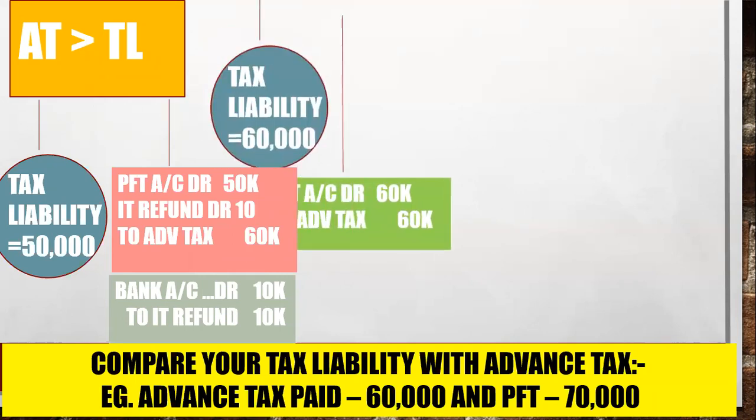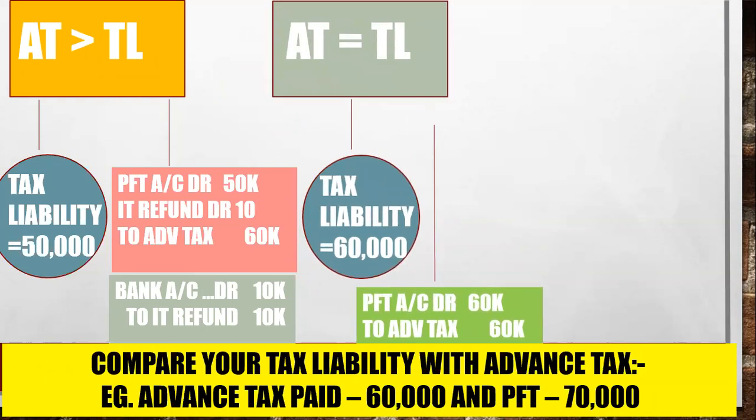Okay. So second situation, let's take that advance tax is equal to your tax liability. You have paid advance tax of 60,000 and your tax liability is also 60,000. So you have to pass the entry over here, because your tax liability should be paid from PFT.